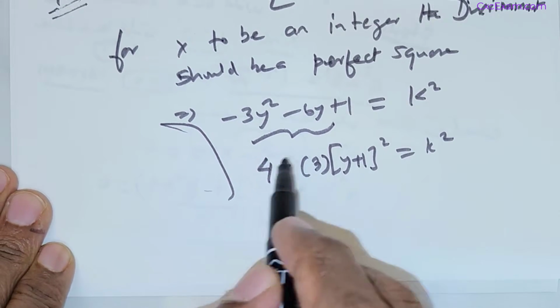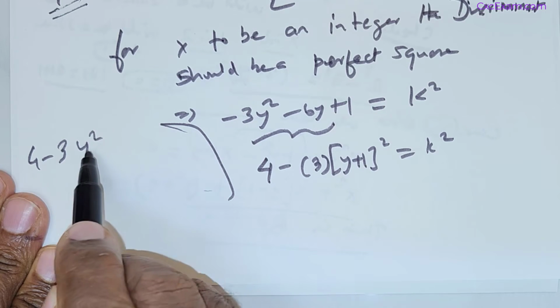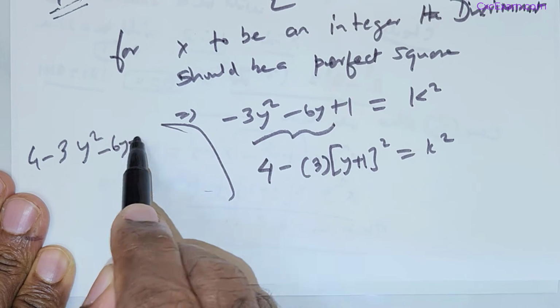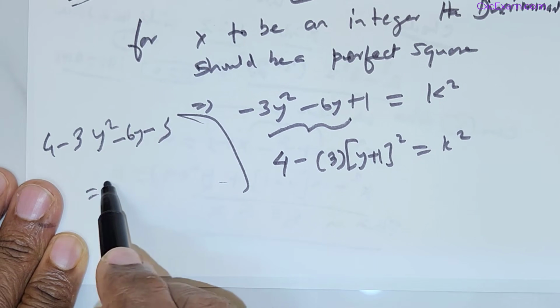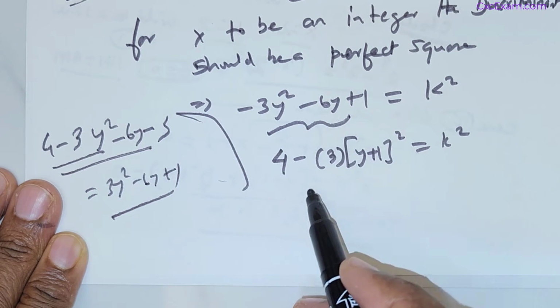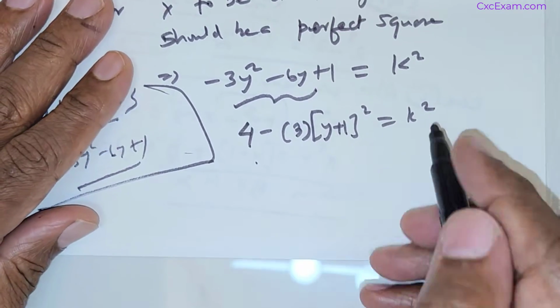Let me expand this and show you. 4 negative, expand this, you get 3y squared and then 2y, it's going to be 6y negative 3. So you are getting 3y squared negative 6y positive 1. Okay. Now you may be wondering why did I do this. I'll give you the reason.